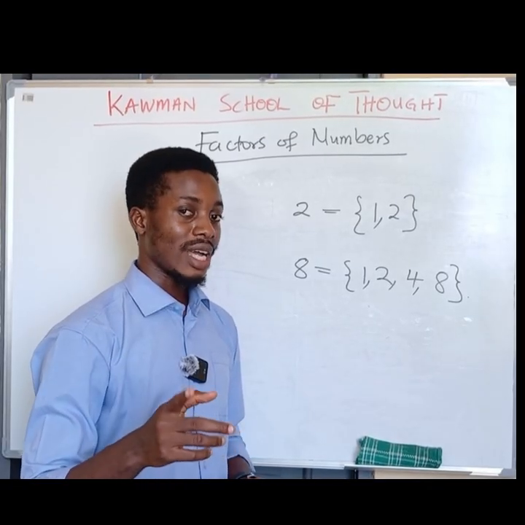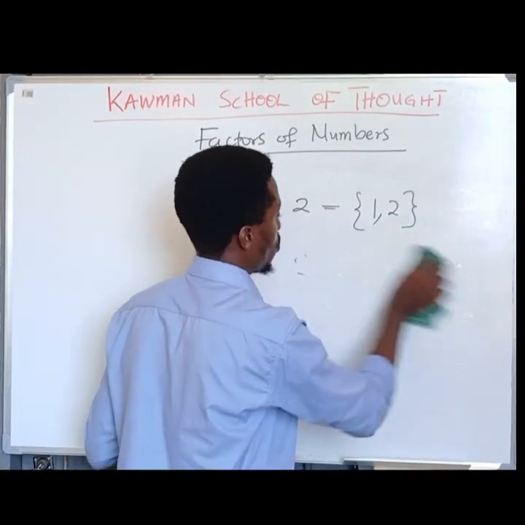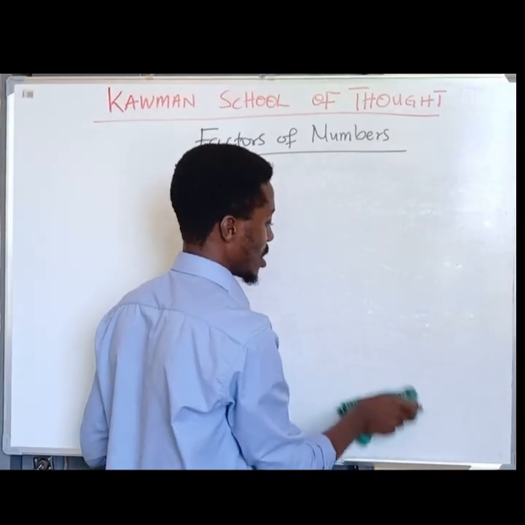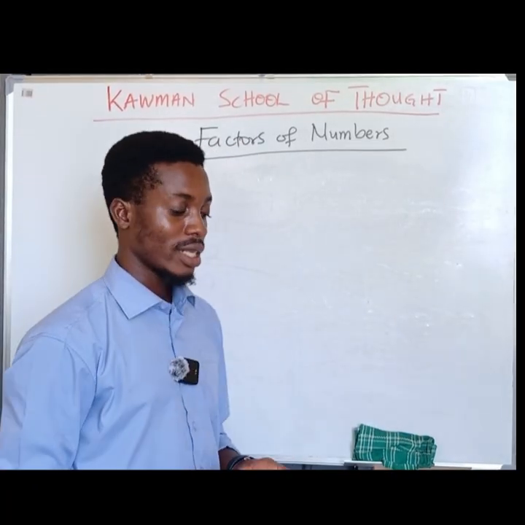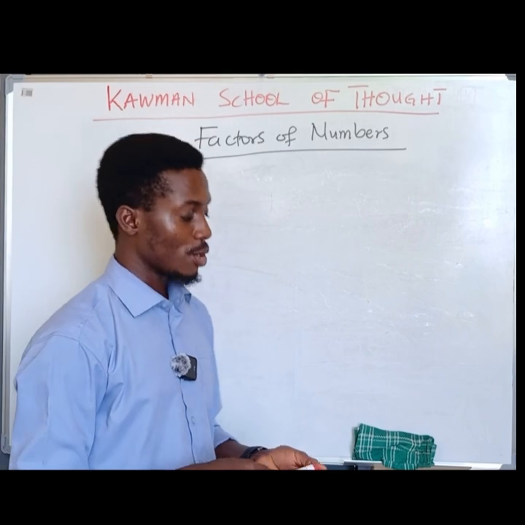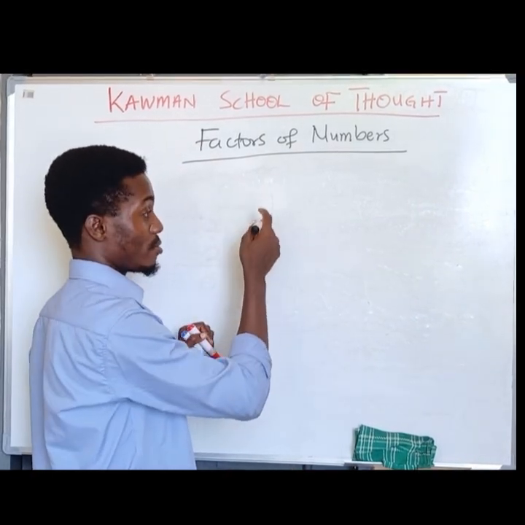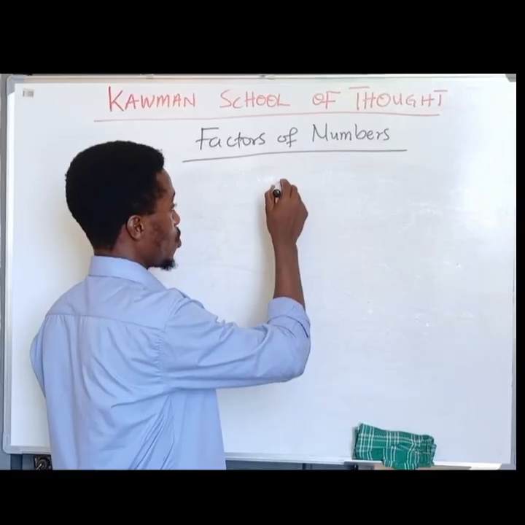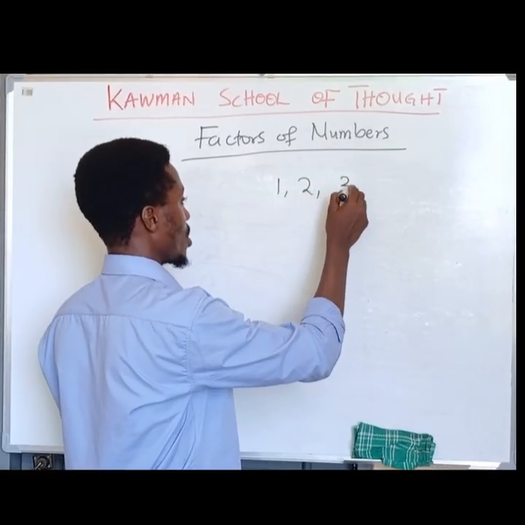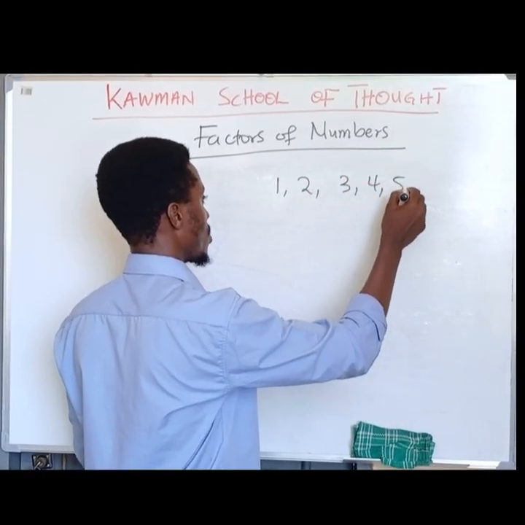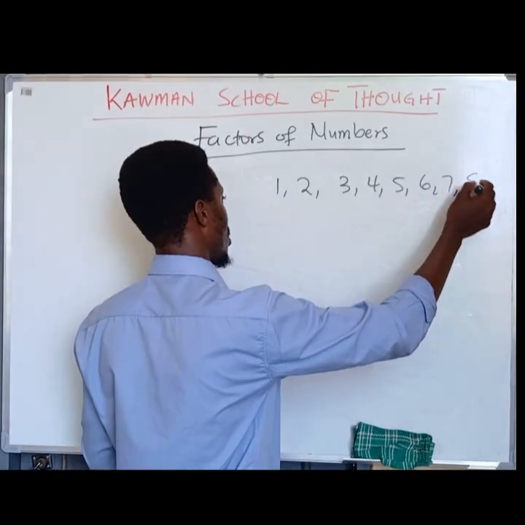Now I'll show you a trick I was using when I was in grade 6. Let's say you want me to get all the factors of 8. I write all the whole numbers up to 8: 1, 2, 3, 4, 5, 6, 7, 8.